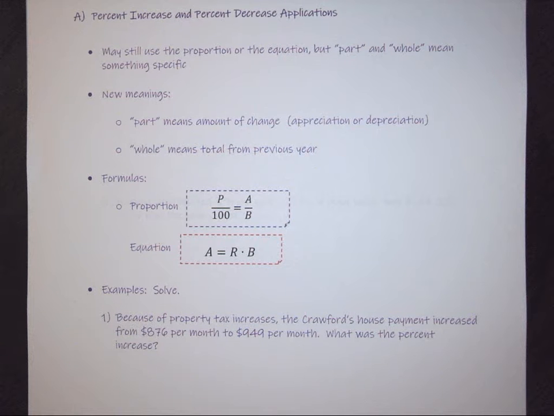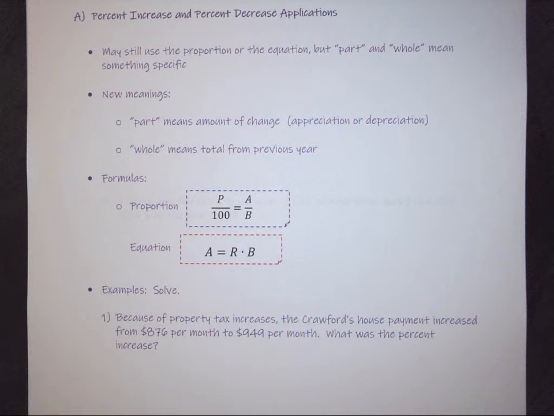Now again, when we're talking about parts, we are talking about the amount of change. So in other words, the part is going to be either your appreciation or your depreciation, meaning your increase in value or decrease in value. The whole in these types of problems is going to be your total.